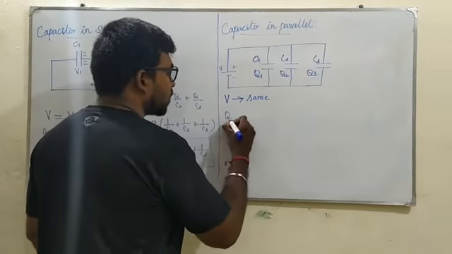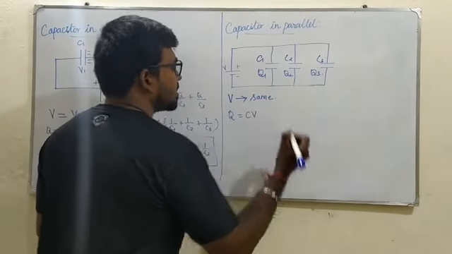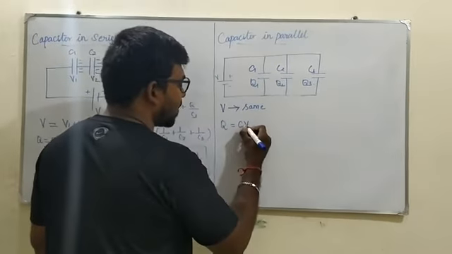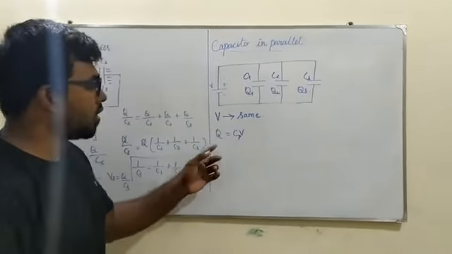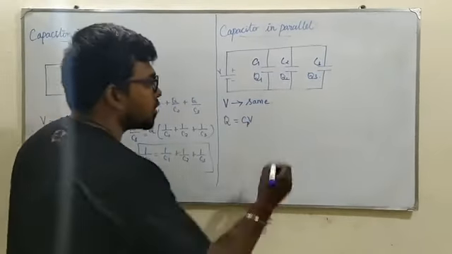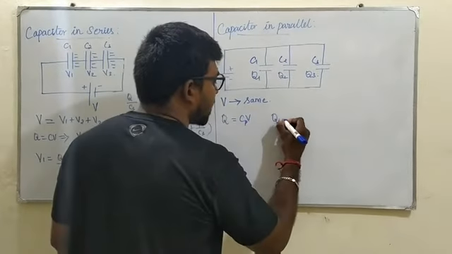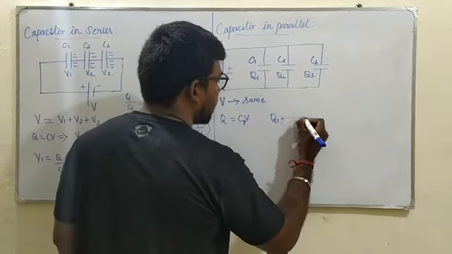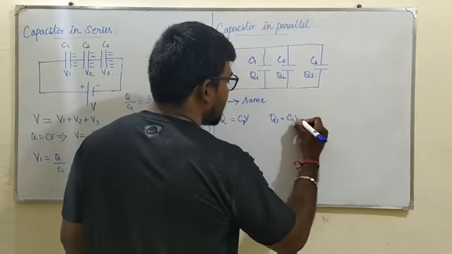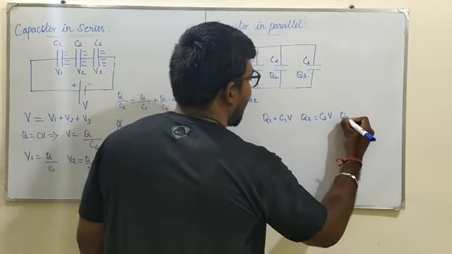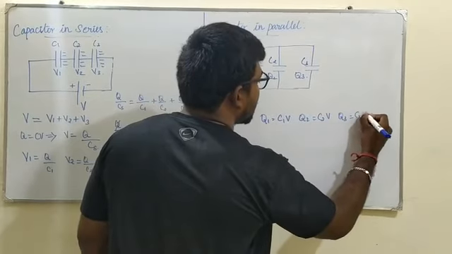We know that Q is equal to CV, so as they are connected in parallel, Q is equal to CP V. The charges on the individual capacitors are Q1 equal to C1 V, Q2 equal to C2 V, and Q3 equal to C3 V.